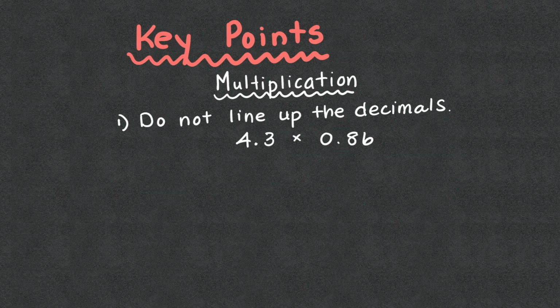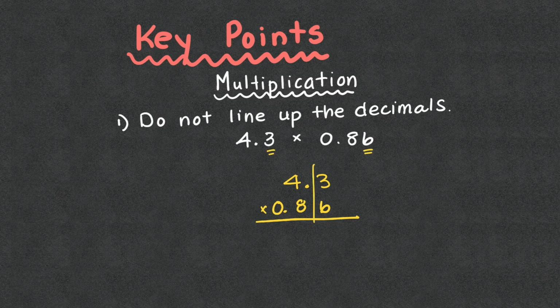All right, for multiplication, we do not line up our decimal points. So in this case, you have 4 3/10 times, and then I'm just going to line everything up this way, not lined up by the decimal. You can see they're not lined up, but I'm just making sure that the last digits of each number are lined up.